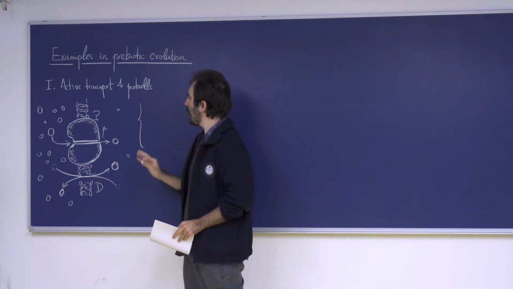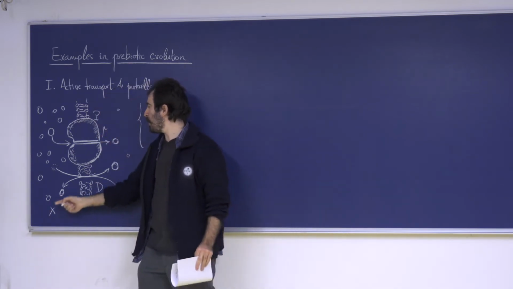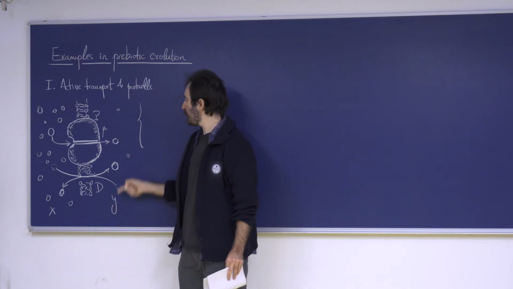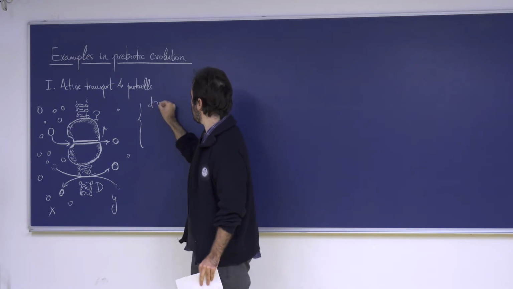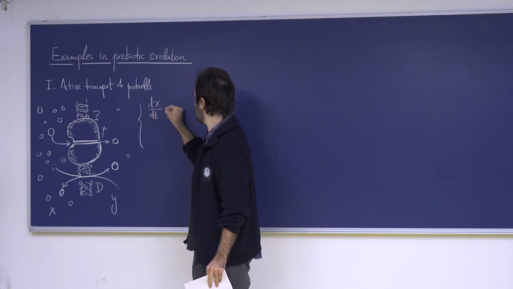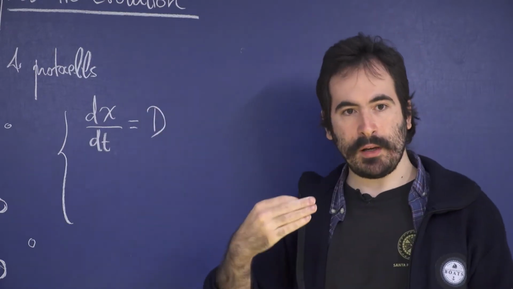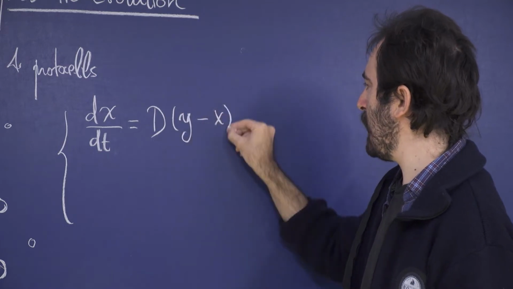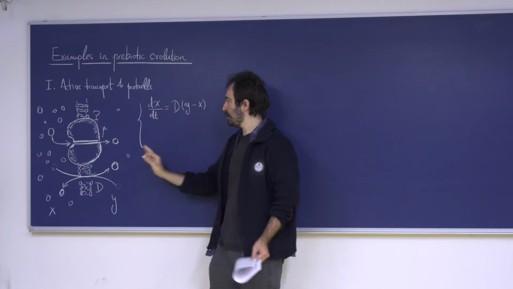So to start with, I am going to denote by x the concentration of biomolecule on the left-hand side. And I'll do the same as y on the right-hand side. All right, so let's say this shall now look like the following, and I'm going to go a little bit faster here because we have seen this before, right? But basically we'll have this term that is coupled to the gradient between the two compartments.